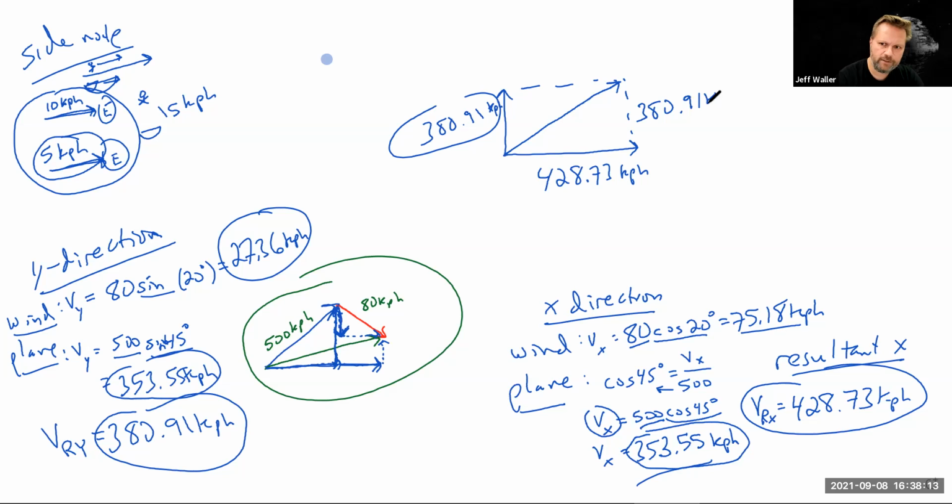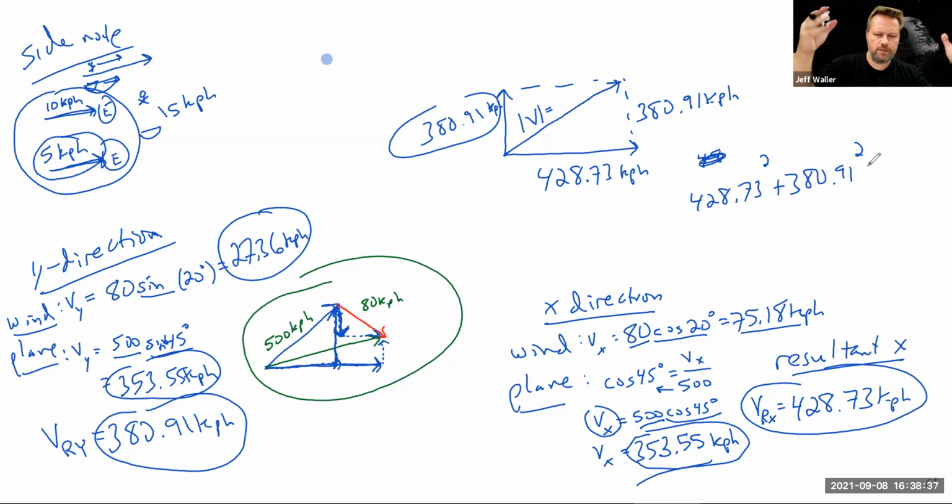How do I figure out how fast my plane is going? How do I figure out this piece? Magnitude. The 428.73 squared. Yes, so I have to do good old Pythagorean theorem. I really want this to make sense. I know this is a lot to throw at you, but I don't care how many vectors you have working with and against each other.